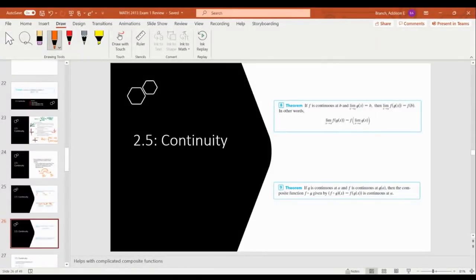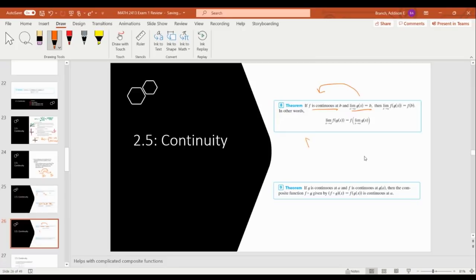Essentially, we have this function right here, and we know that limit is going to be b. As long as f is continuous at b, so there's no discontinuity, you can just plug that g function inside of f, because sometimes that makes it easier to solve for the limit. That will be helpful when you have composite functions.